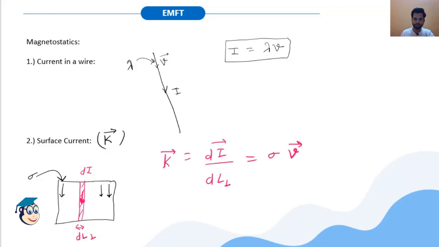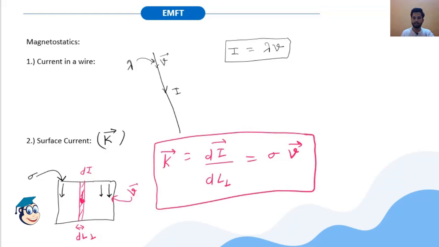Let's say those charges are moving with velocity v, so k is equivalently written as sigma times v as well. The other definition of k is di over dl perpendicular, where dl is an infinitesimal length in the direction perpendicular to the flow of current.